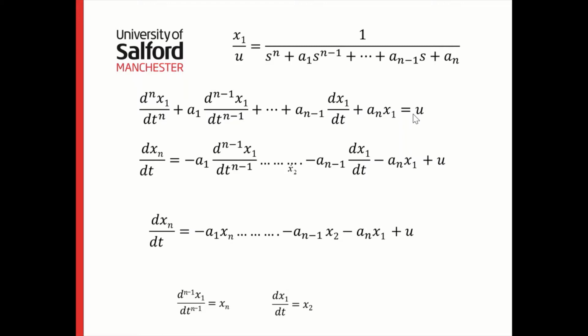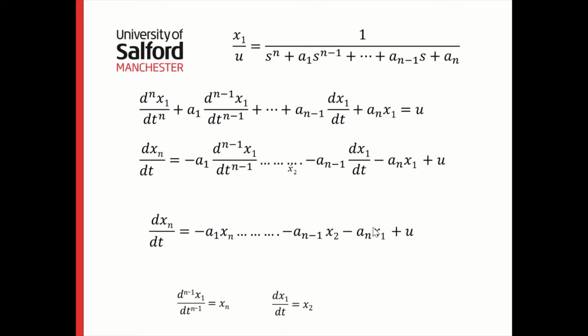Now we can replace these terms by x1, x2, x3, all the way down to xn, and this is xn dot. So we've got an equation now with xn dot, with xn in it, xn minus 1, xn minus 2, down to x3, x2, x1, and the u.